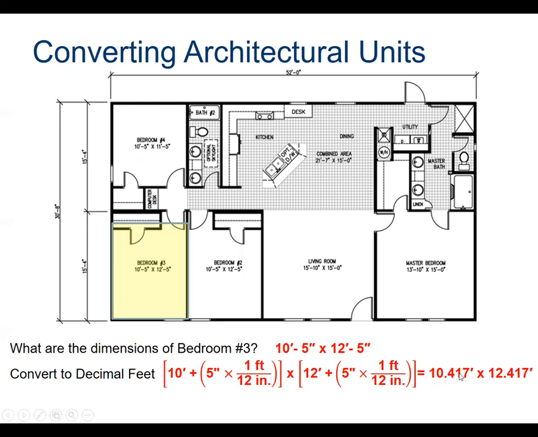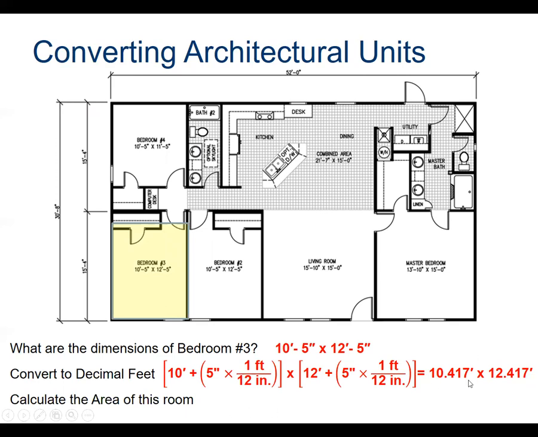So we add the 0.417 to this 10, and we add the 0.417 to this 12. Or your math teacher would probably say 417 thousandths of a foot. So 10 and 417 thousandths of a foot is how you would say that mathematically, by, meaning one dimension versus another, 12 and 417 thousandths of a foot.